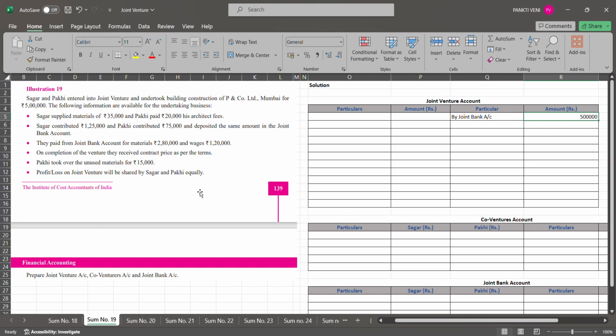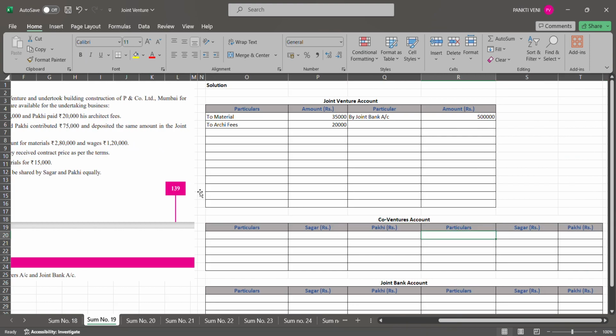So we have Sagar who has supplied material, so joint venture to Sagar, joint venture to material, and joint venture to Paki, joint venture to architect fees. Here we have 35,000 and here we have 20,000.